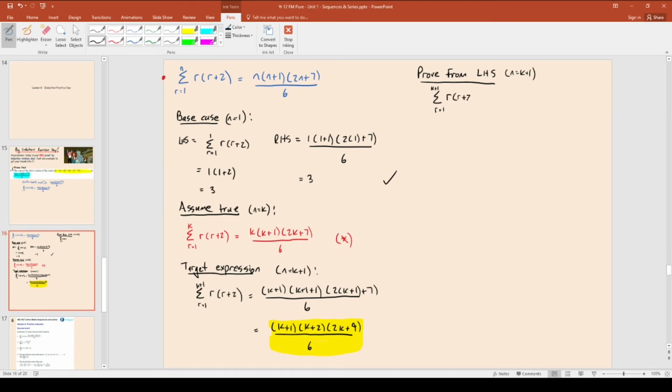Now, here's where you've got to be clever. We're going to do k plus 1. Essentially, if you want to do one more than the base case, this is going to be the same as the sum from r equals 1 all the way through to k of r times (r plus 2), plus the next one along.